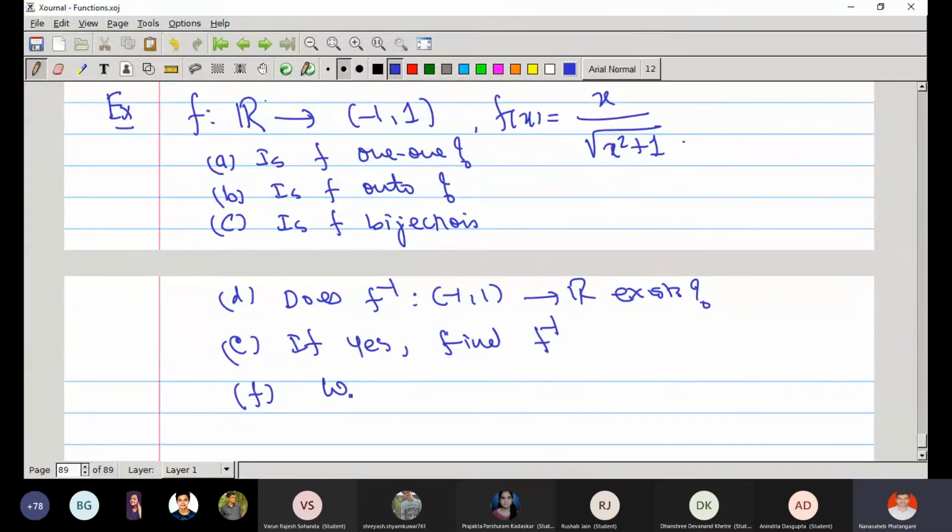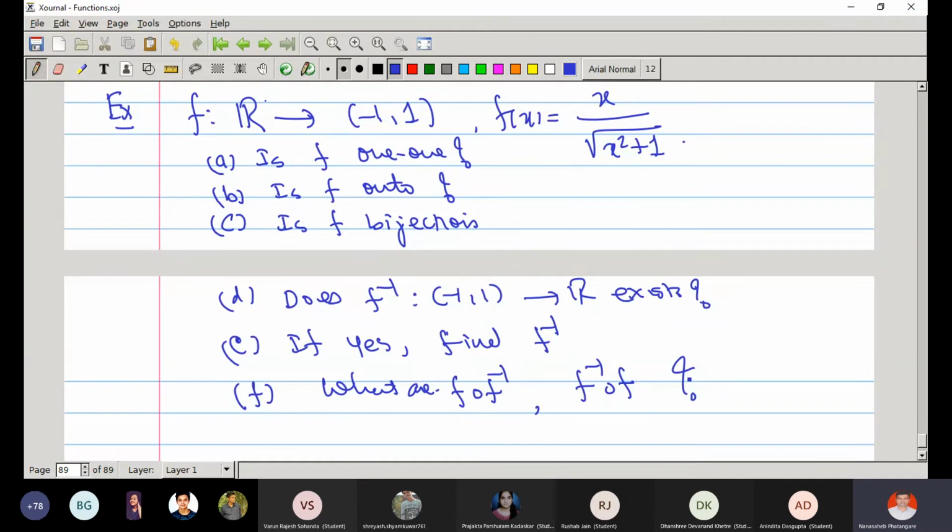What is f composite f inverse and f inverse composite f? Are all the questions clear? Have you understood these questions? Right. So the idea of inverse function is clear.